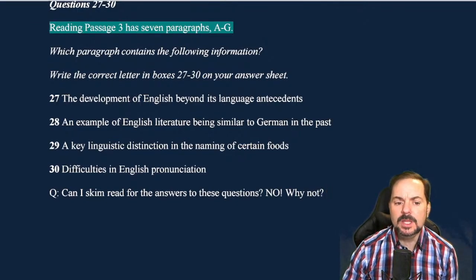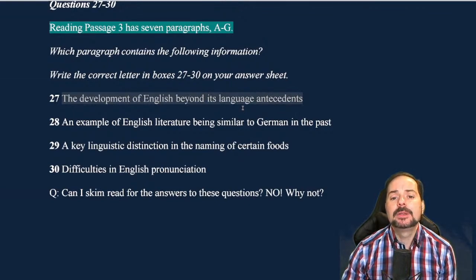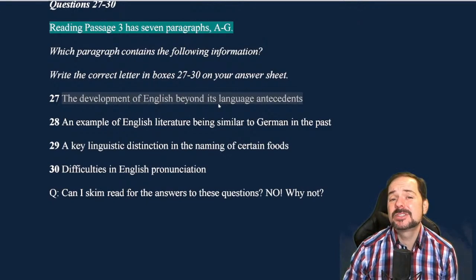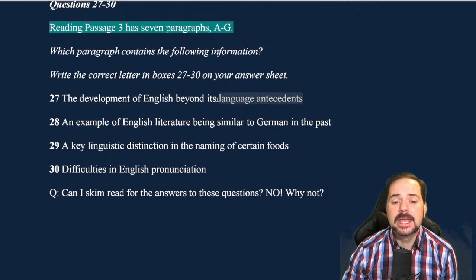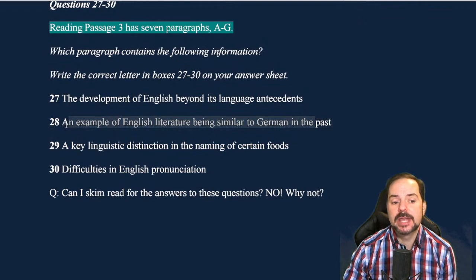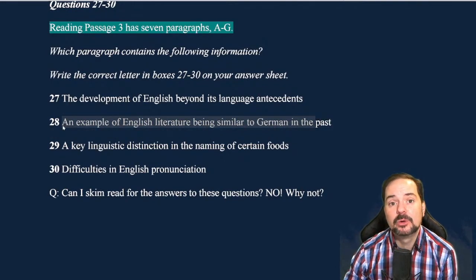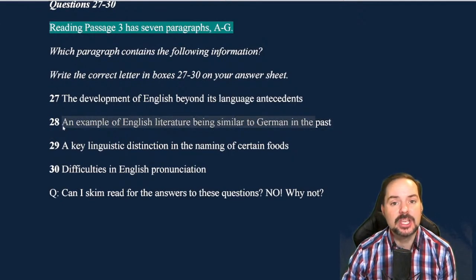So yeah, let's say, for example, that the development of English beyond its language antecedents is in paragraph F. That means you had to skim read basically the whole passage to figure out that the answer here is paragraph F. That will take a really long time, especially imagine if the next one is G. So now you have to skim read the whole passage again to figure out that the answer to this one is G. That would be horribly frustrating, okay?